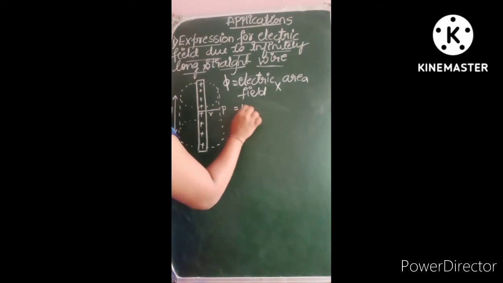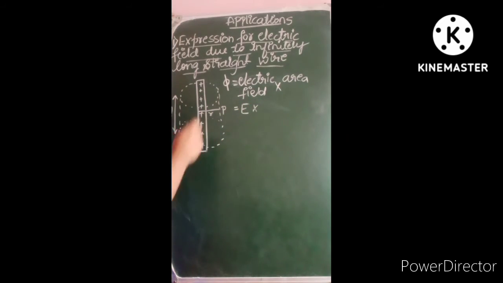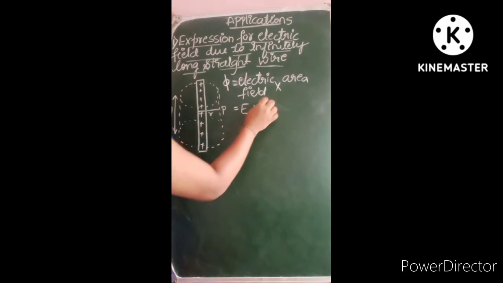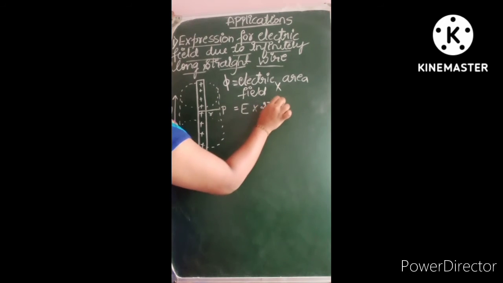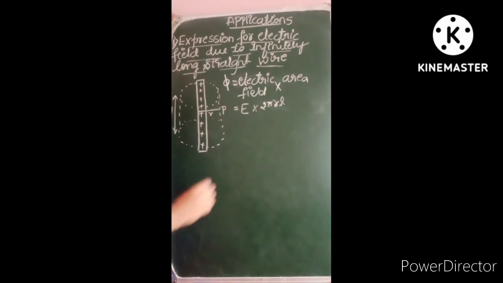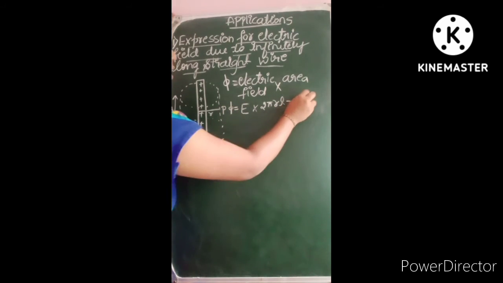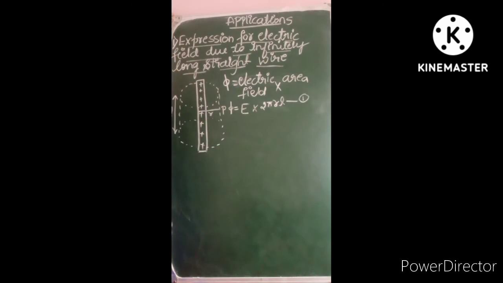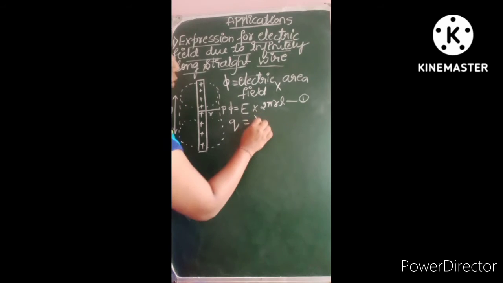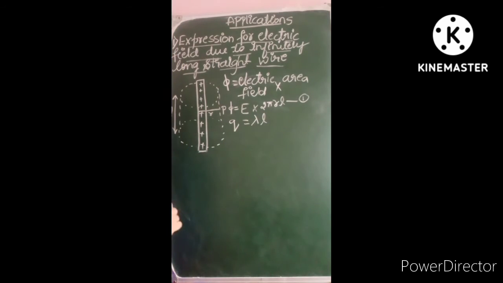The electric field is E, and the area of this cylindrical surface is 2 pi r L. That is, phi is equal to E into 2 pi r L. Take this as equation number 1. The total charge enclosed in this Gaussian surface is Q is equal to lambda into L, where lambda is the linear charge density.